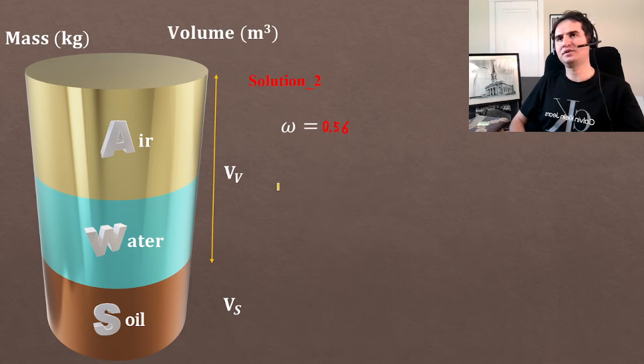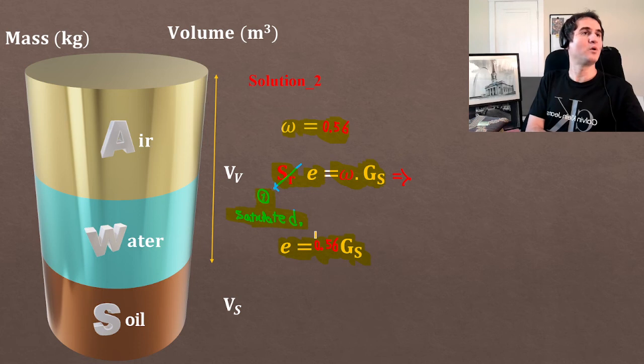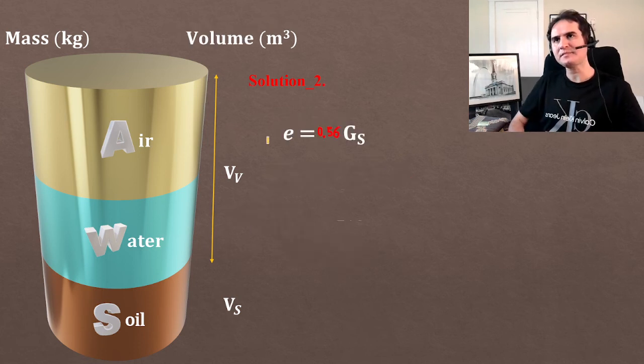And again, Sr times e is the moisture content times Gs. If we know the water content is 0.56, and Sr is 1 for saturated soil, then e is equal to 0.56 Gs. Also, the dry density is Gs over 1 plus e times rho w.